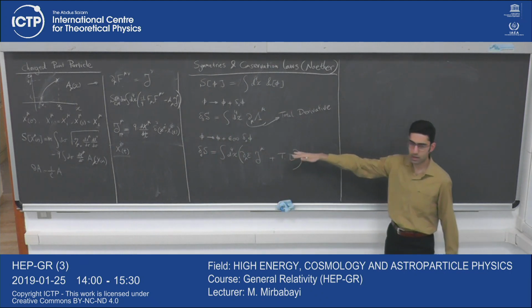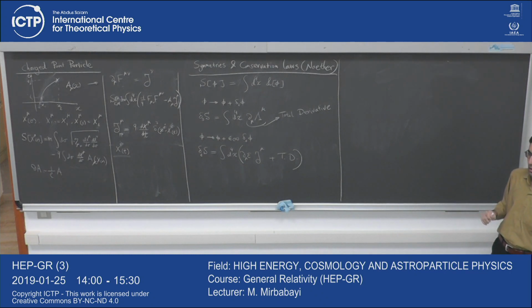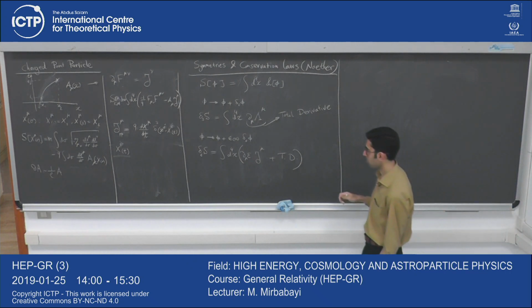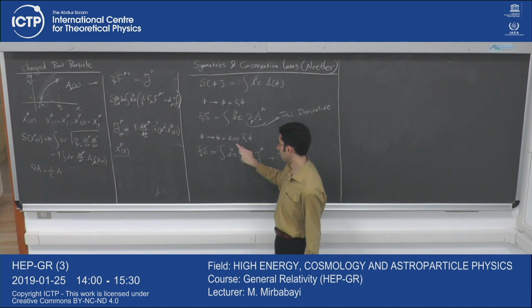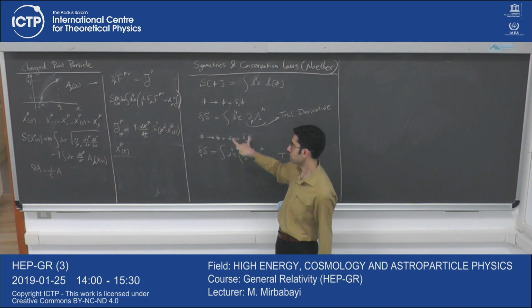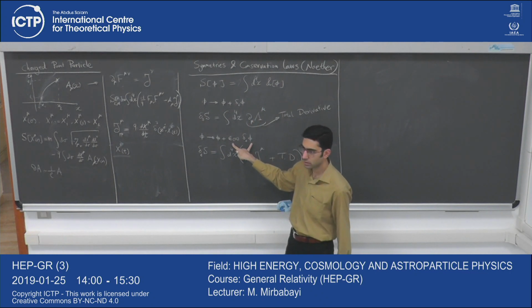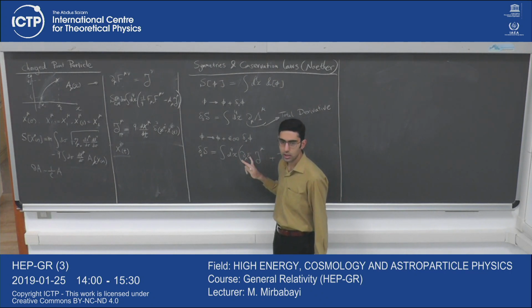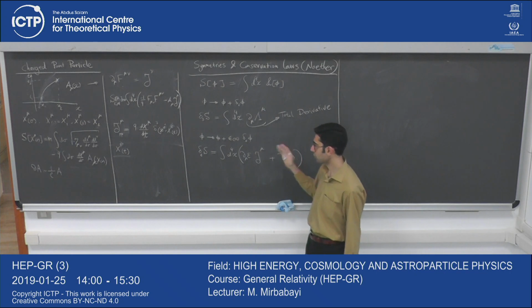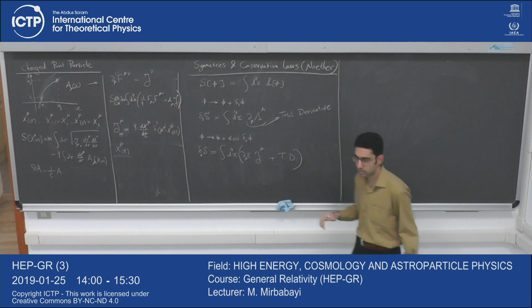So this is the most general answer that we can get if we follow this procedure. Note that it's linear in epsilon because we are linearizing in this transformation. So the result is by construction linear in epsilon. It has to vanish when epsilon is a constant, therefore it has to have this structure.